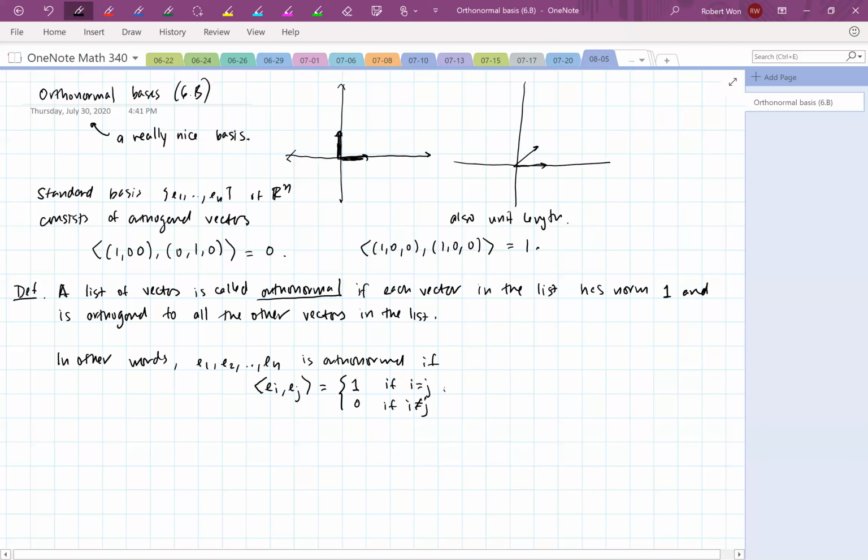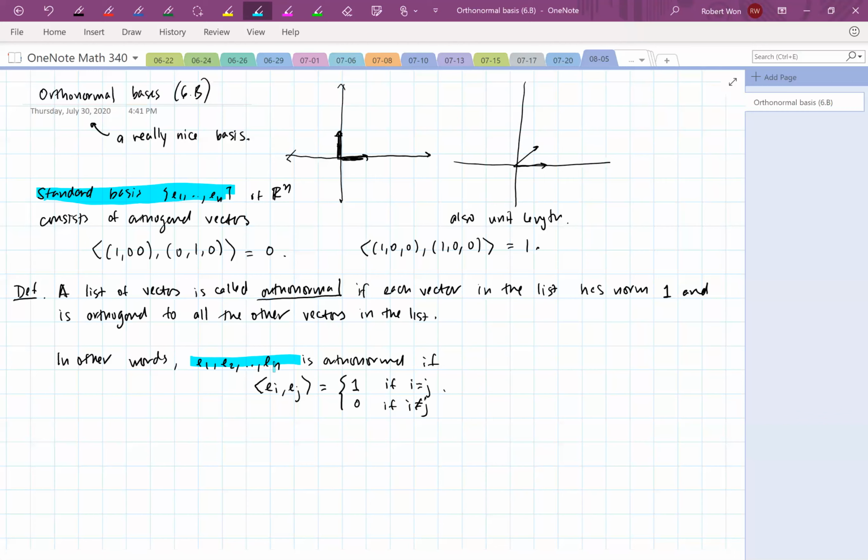Okay, so notice here that throughout this course and just in general, I tend to use the letters ei to denote the standard basis of Rn. But in this section of your textbook, they use e1 up through en just for any orthonormal list of vectors.